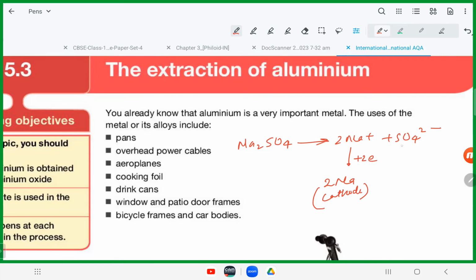Now the sulfate ion is at the anode. SO4 2 minus will form SO2 plus O2, with 2 electrons lost. So that happens at the anode, and this is what happens at the cathode.